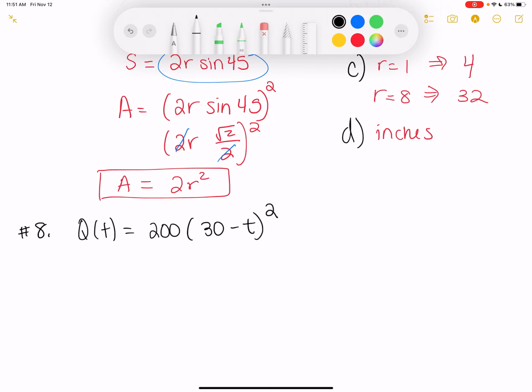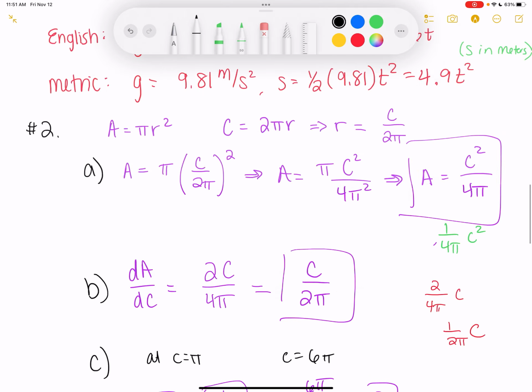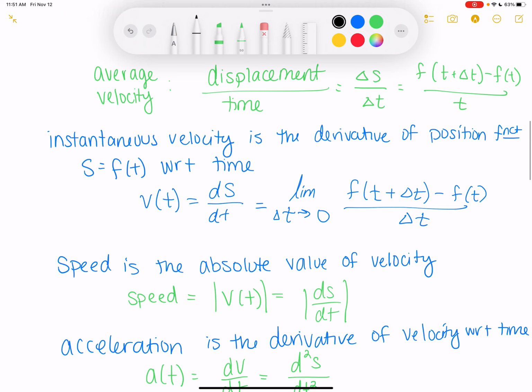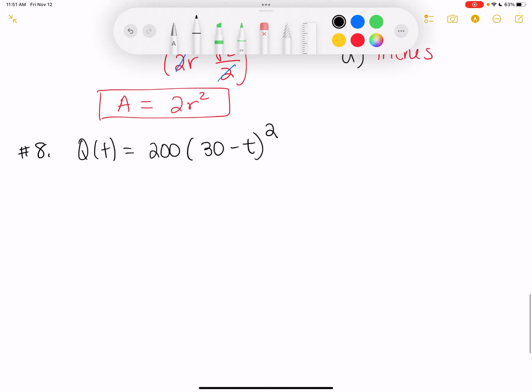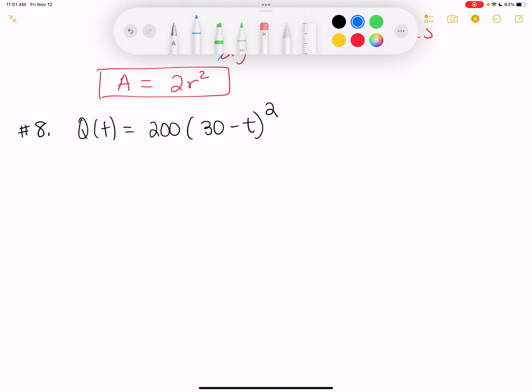So this is where we're going to be using this right here. This limit as delta t approaches 0, anywhere we see a t in our function, we're going to put t plus delta t. But our delta t in this case is going to be the 10 minutes that it says.